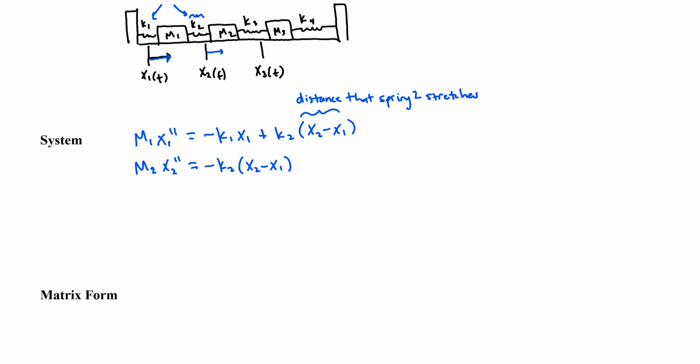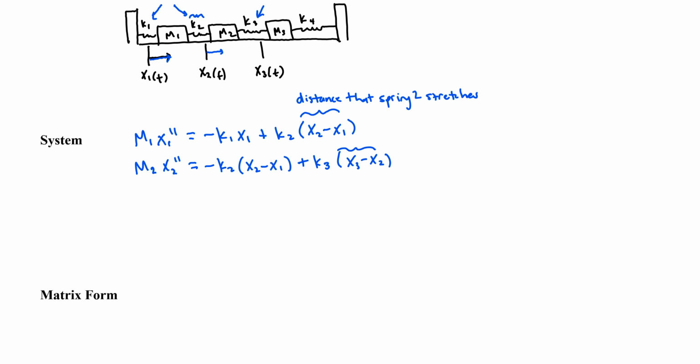On the right side, we have spring 3 acting on mass 2. The spring constant there is k sub 3, and the net displacement for spring 3 is going to be the difference x sub 3 minus x sub 2. This is the distance, the net displacement that spring 3 stretches.